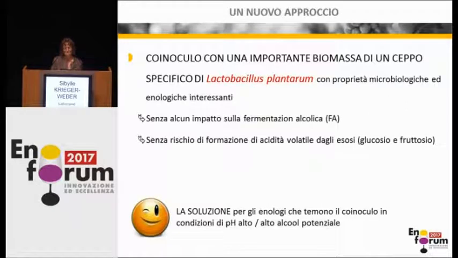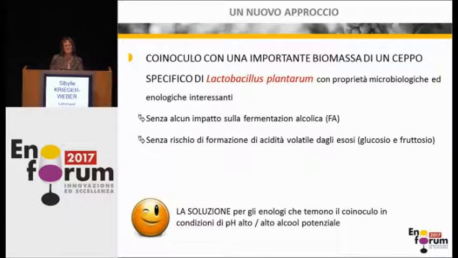Knowing that some winemakers still fear co-inoculation techniques, we thought about a new approach, changing the species and working with Lactobacillus plantarum, which is widely used in a lot of food and vegetable fermentations. Lactobacillus plantarum also has very interesting enological properties, and we can find it mainly in malolactic fermentation in hotter climates.